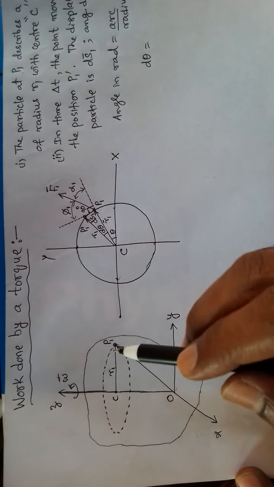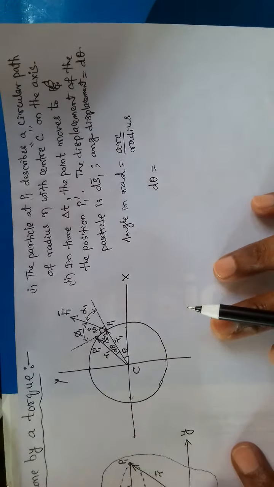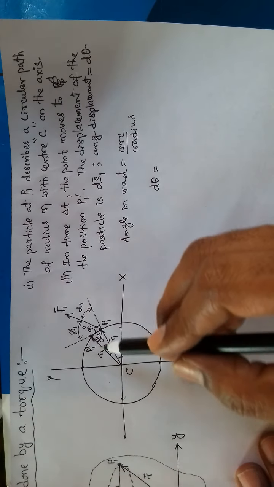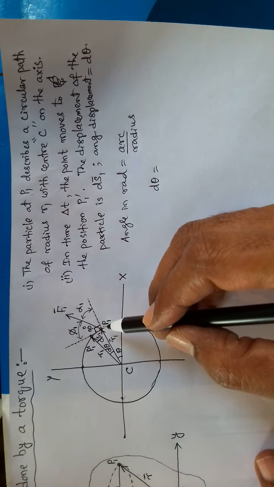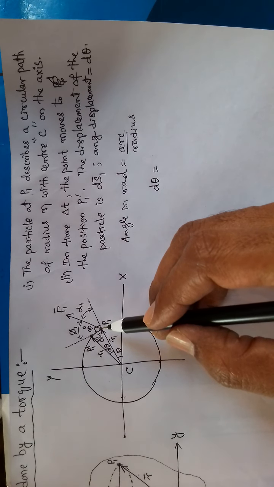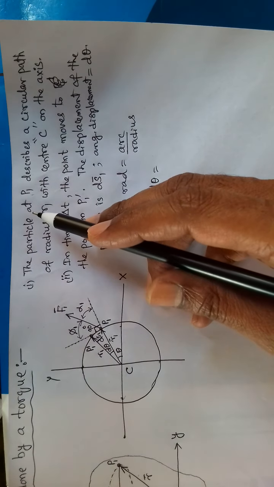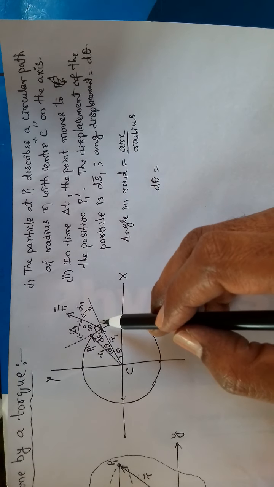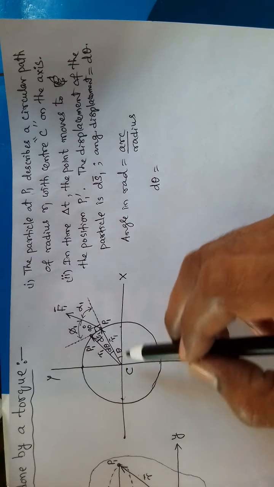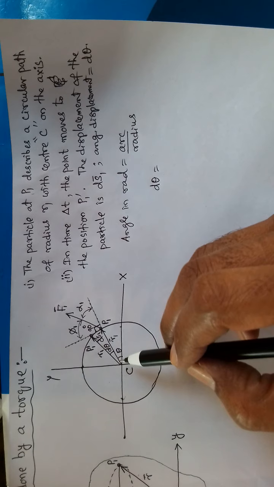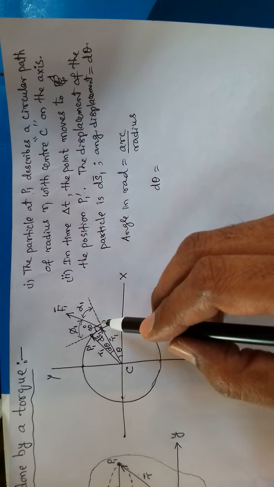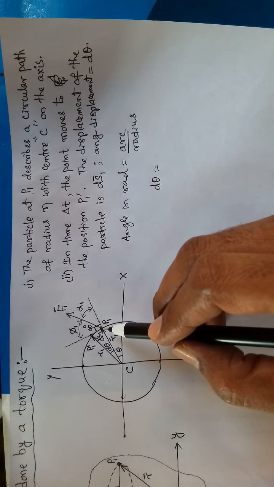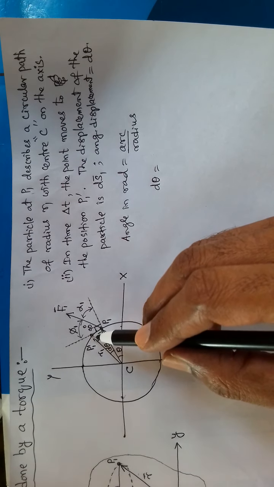So here initially the particle is at P1. See, first point, the particle at P1 describes a circular path of radius R1 with center C on the axis. And second, in time delta t, the point moves from P1 to P1 dash position.